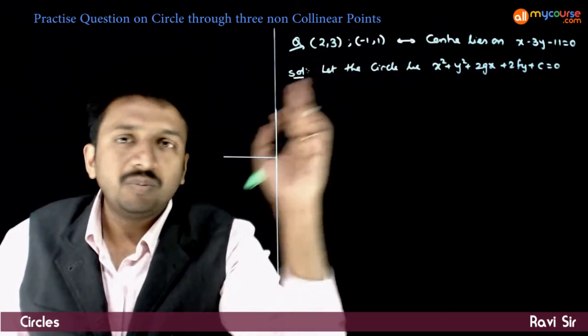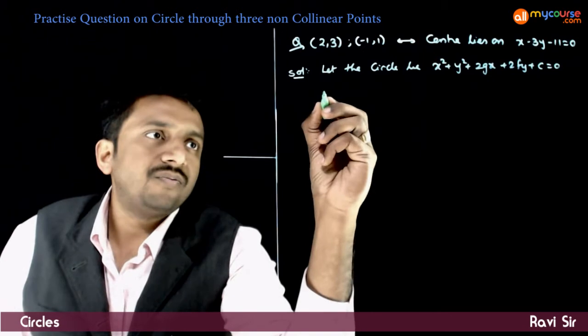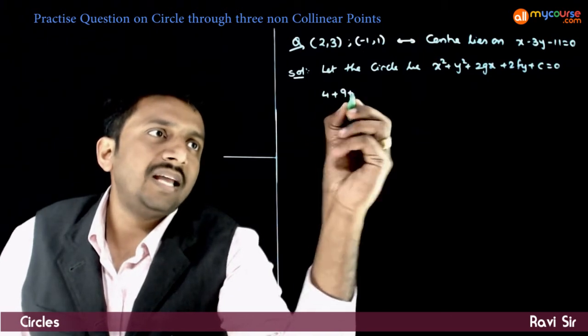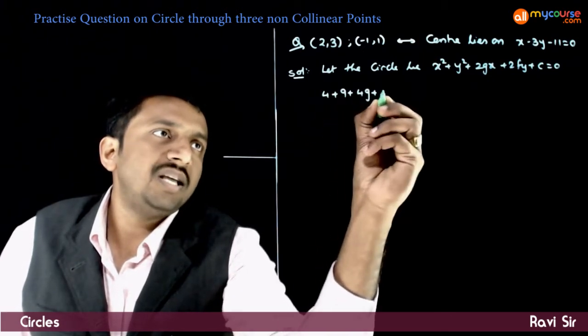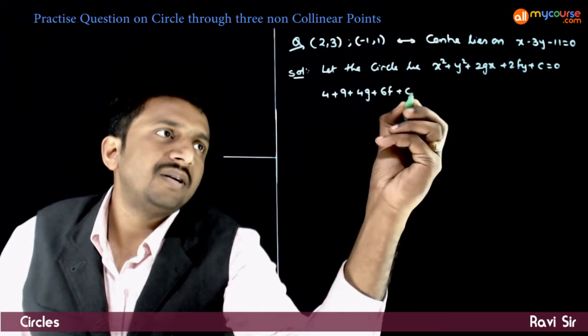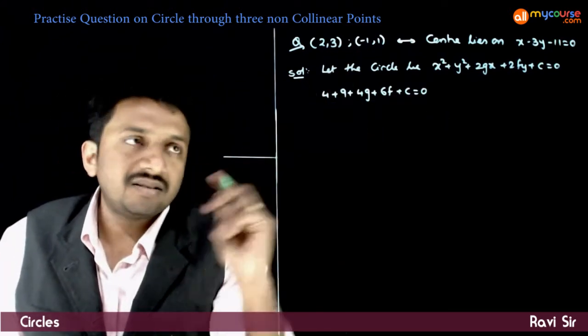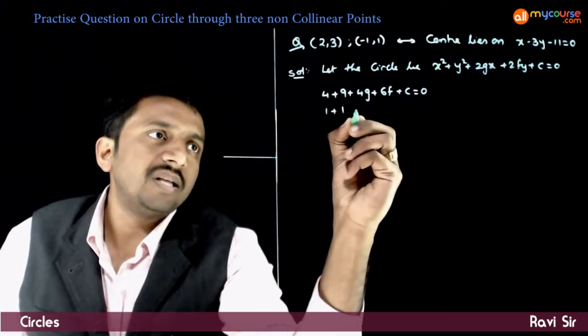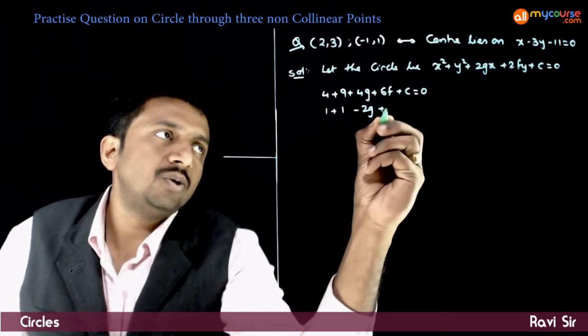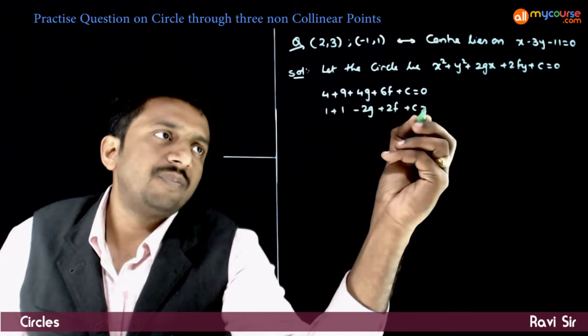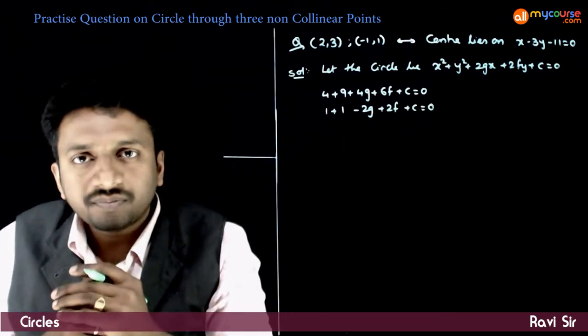So if you just put x and y in this, 4 + 9 + 4g + 6f + c = 0. Next, 1 + 1 - 2g + 2f + c = 0.